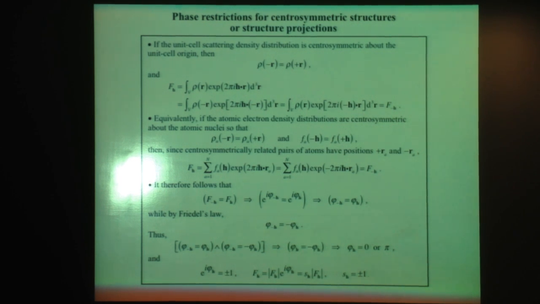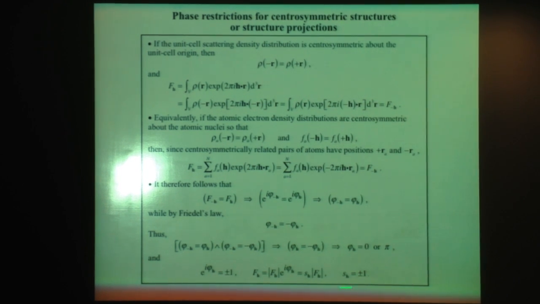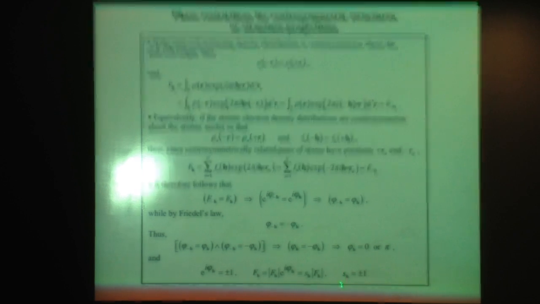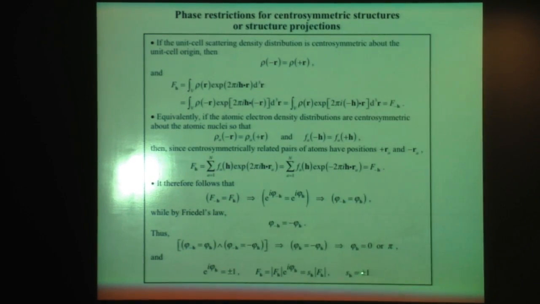So there are those special zones of reflections, even for biological crystals, except if the space group is, for example, P1. But anything with a twofold axis, or even a set of twofold axes, has those zones in which the restriction on the phases is just a question of 0 or pi, that is plus or minus 1, multiplying the amplitude.